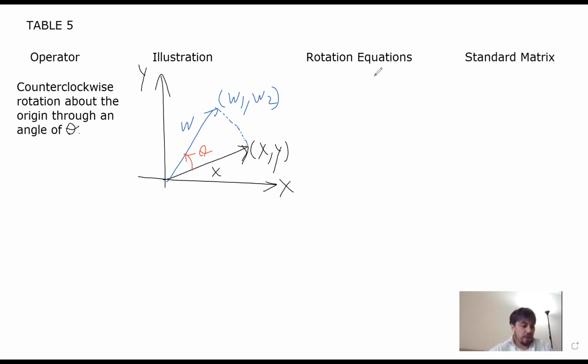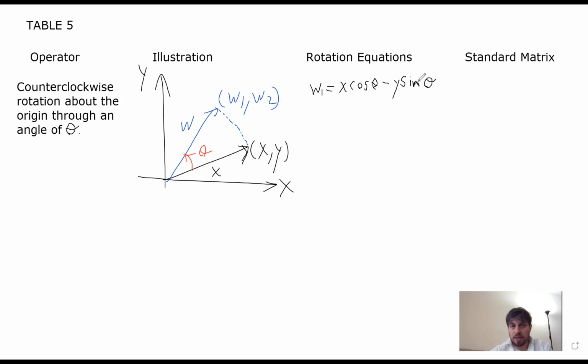So the rotation equations are: w1, the first component of the resulting vector, is equal to x cosine theta minus y sine theta.